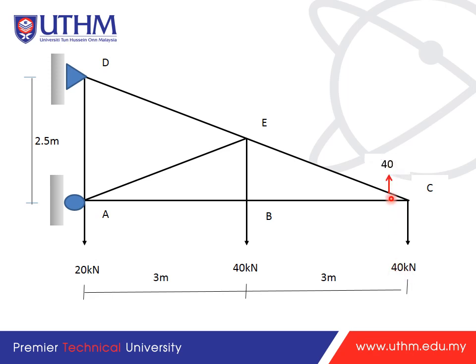And here we also have Fx. This truss member is not parallel to Fx and Fy, so we need to resolve the components of Fx and Fy first. We already have the Fy, so now it is the x that we need to find.